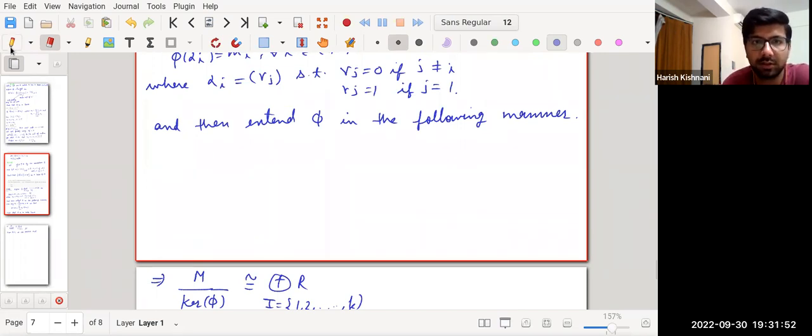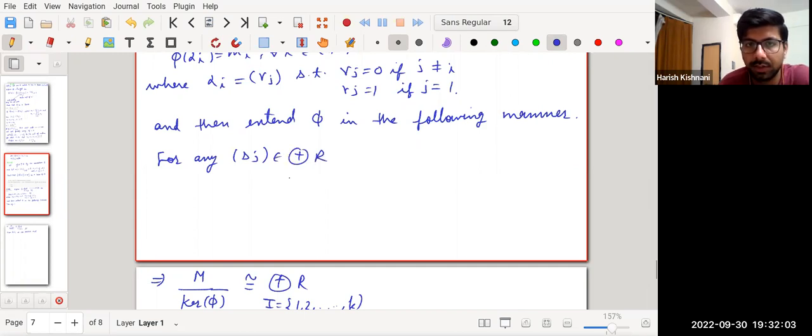So for any sequence Sj inside your direct sum over R, where the indexing set is 1 to k, you have the unique representation.